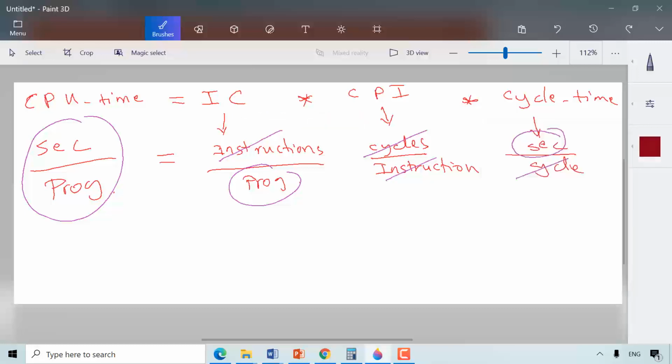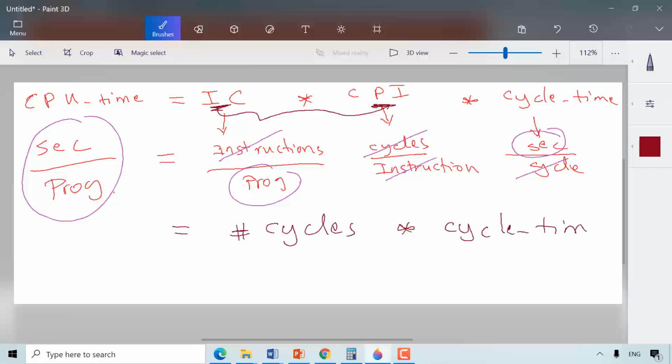If I combine these two terms, they become what? They become the number of cycles. If we multiply the instruction count times the CPI, we get the number of cycles, times cycle time. That also provides for me CPU time.